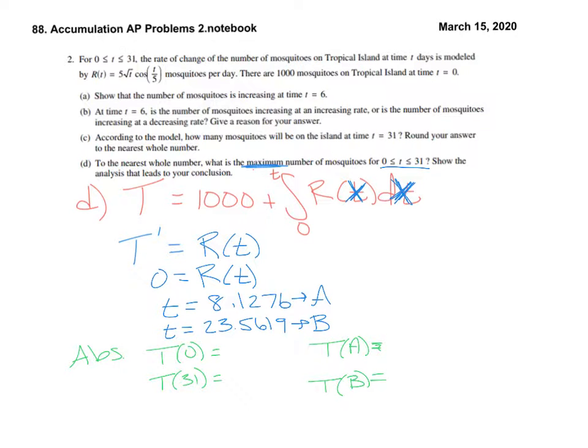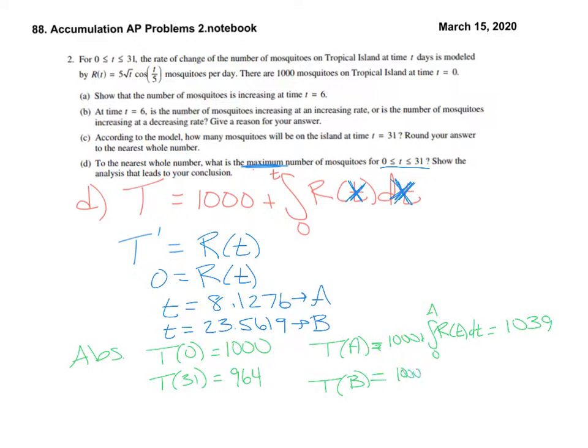So t of 0 is 1,000. t of 31 we found in part C. Part C was 964. For A, it's 1,000 plus the integral from 0 to A of r of t dt. Plug that in, and I get 1,039.